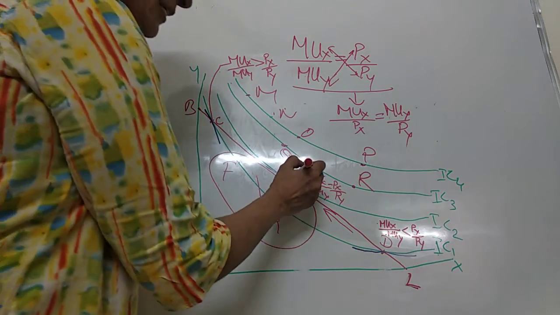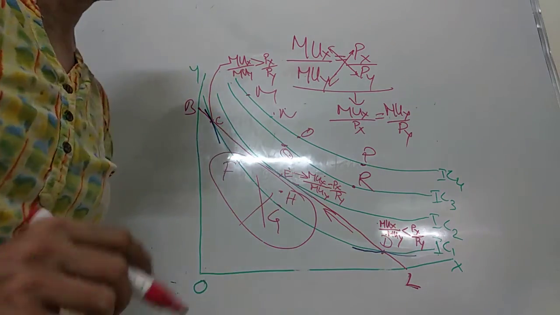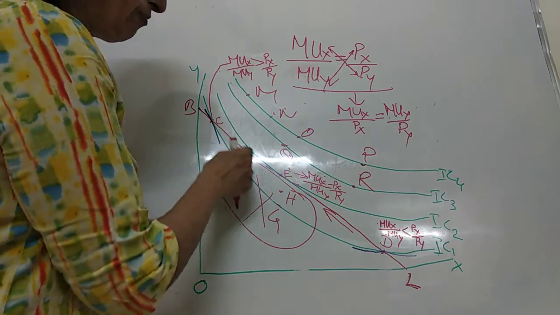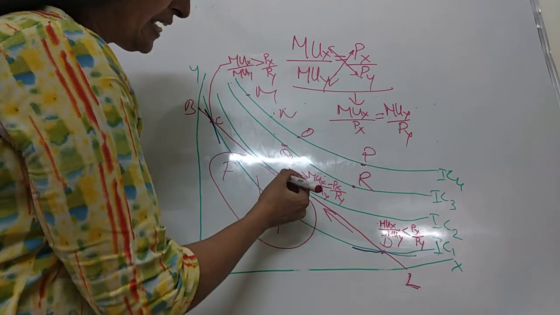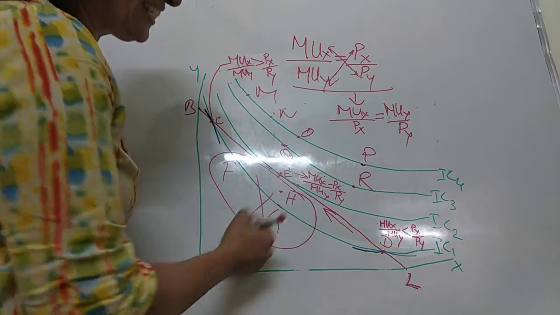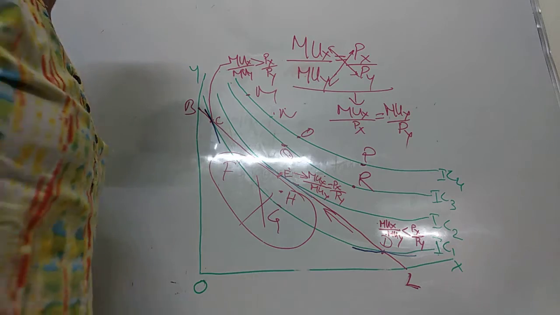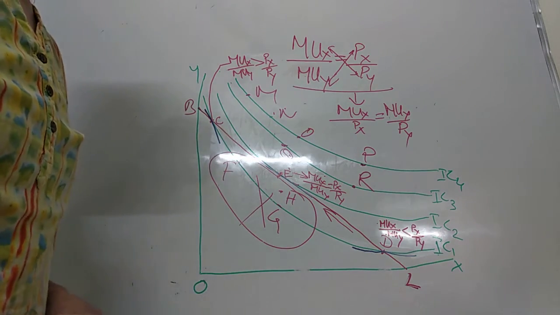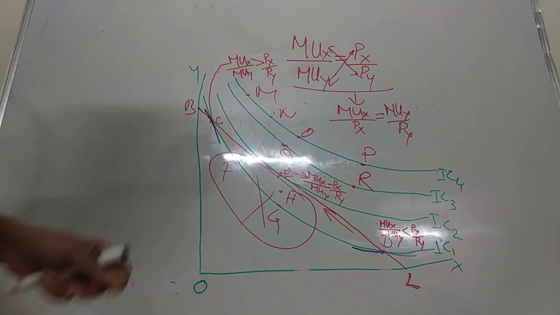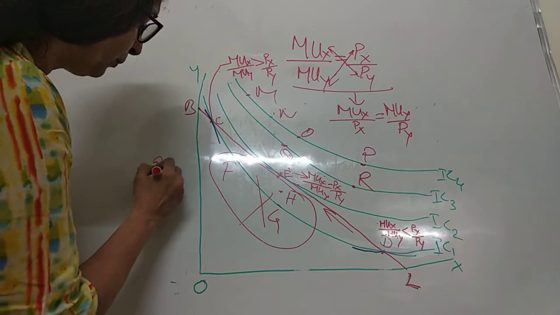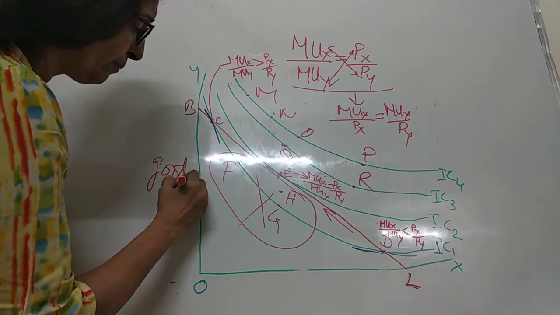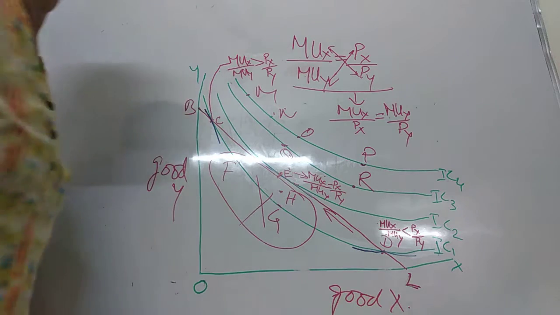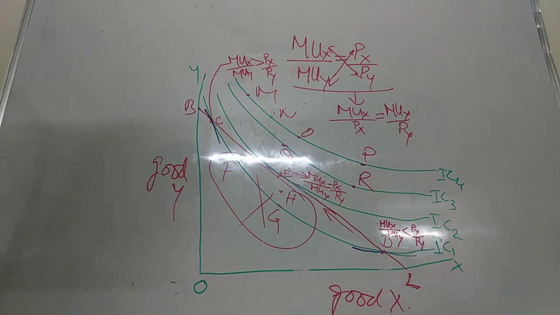Right? So, this is the first condition that is being satisfied. And also the second condition, if we see that at point E, the indifference curve is convex to origin. That is, at point E, there is diminishing marginal rate of substitution. So at point E, both the conditions of equilibrium are fulfilled and hence point E stays as the consumer's equilibrium.